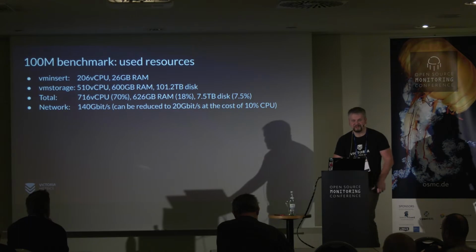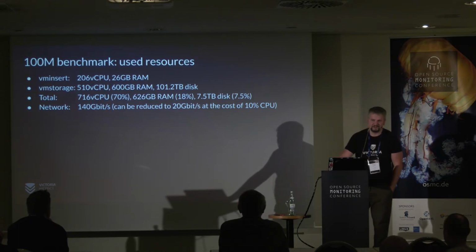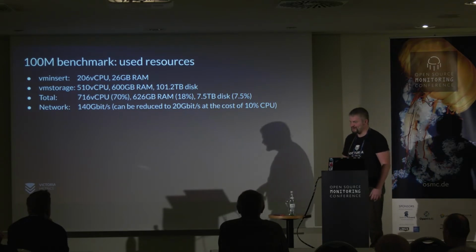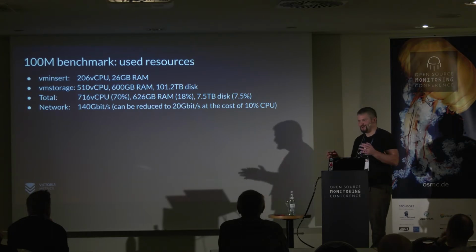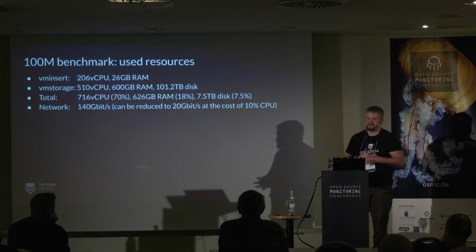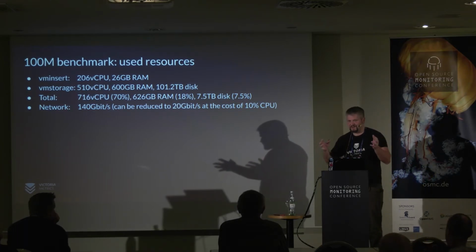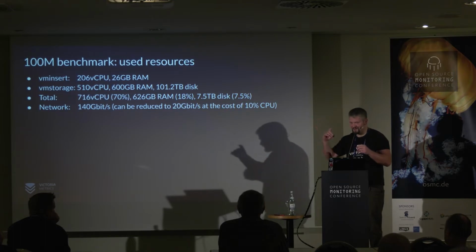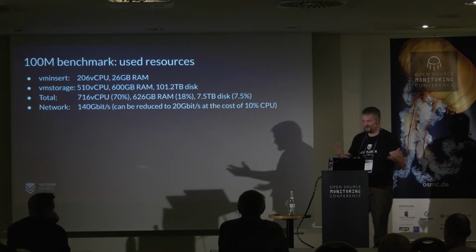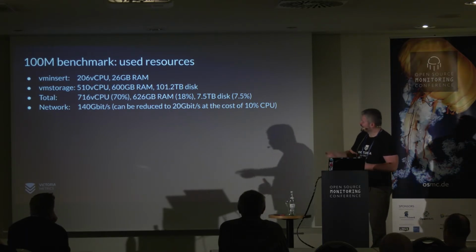During the benchmark, the network usage rose to 140 gigabits per second in this VictoriaMetrics cluster. This is a pretty huge number, and I was afraid that the limiting factor of VictoriaMetrics cluster scalability would be the network, as I mentioned before, but this is not the case, and Google Cloud provides quite good networking, so it works.